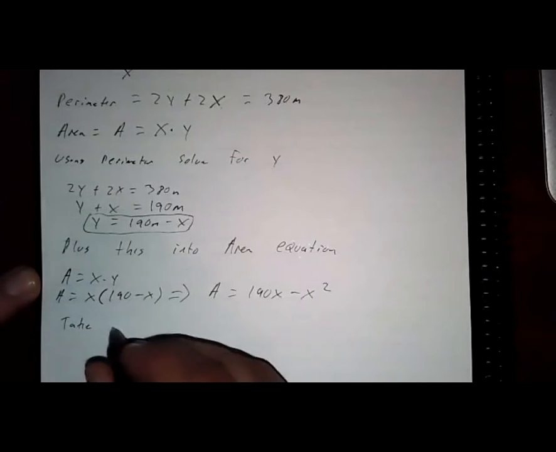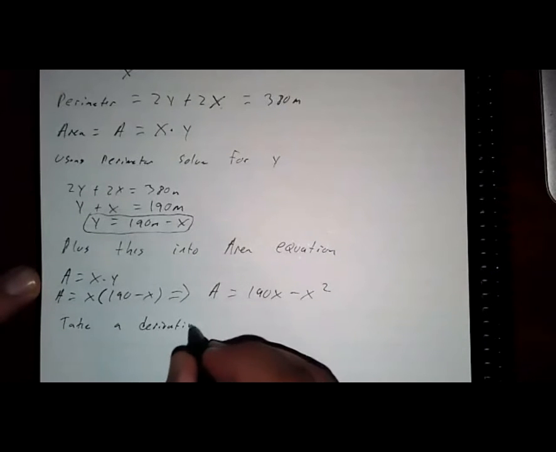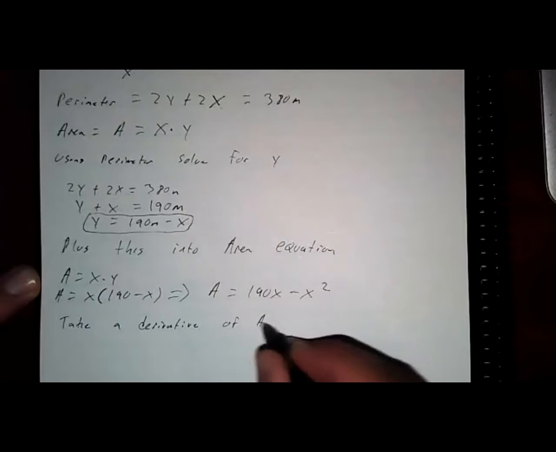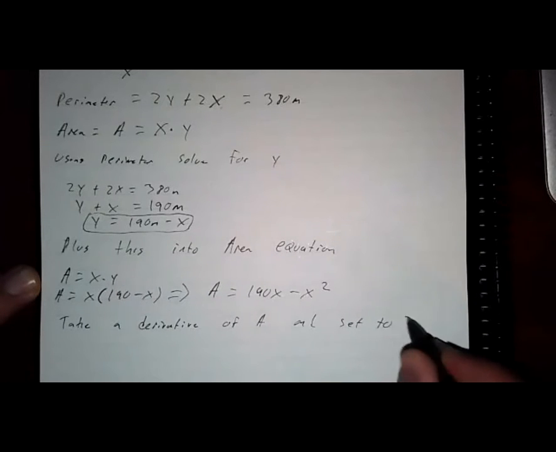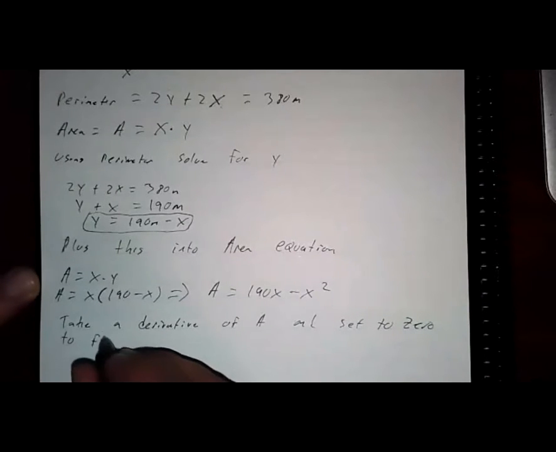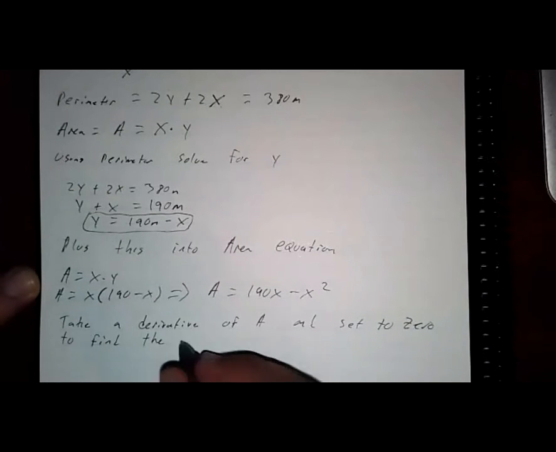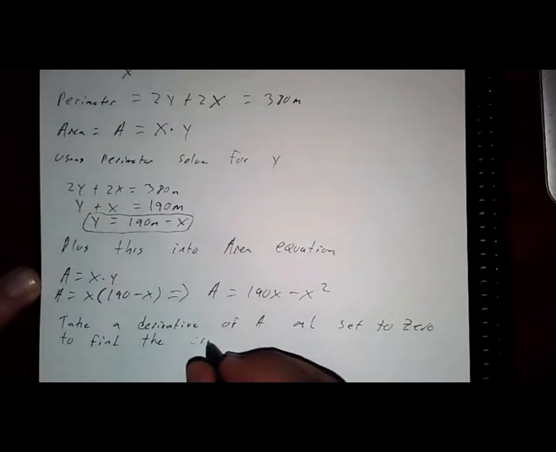Somewhat. So take a derivative. Derivative of A and set it to 0 to find the max. Well, I guess I should use the word critical numbers.